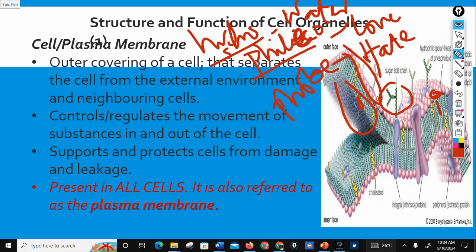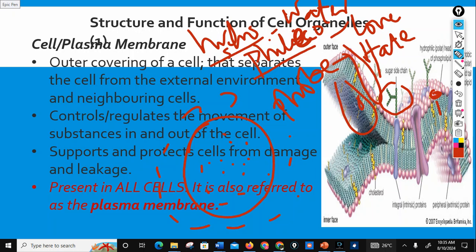So both internal and external environment of the cell are composed of water. So this is the cell. Outside of the cell is composed of water, and here is also composed of water. So they are basically polar solutions.